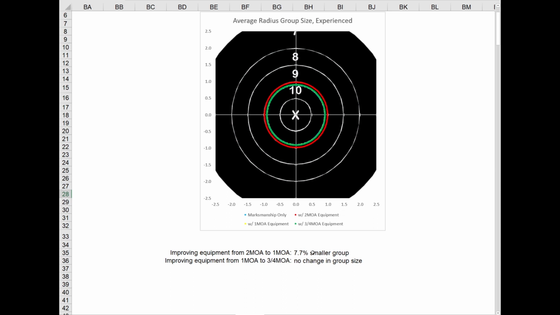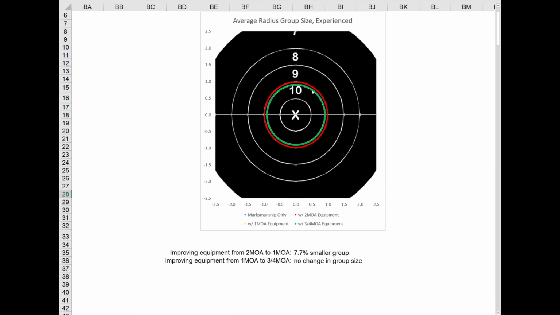And then if we improve that again from 1 minute of angle to 3/4, just like the intermediate shooter, we have no change in the group size. The numbers are the same. The group sizes are the same, 1 minute of angle or 3/4 minute of angle.